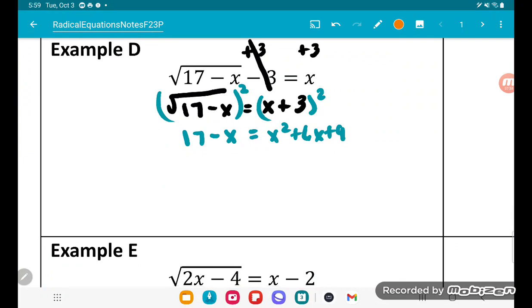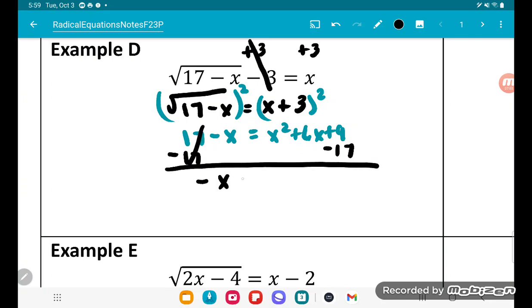From here, I'm going to set the quadratic equation equal to 0, which means I have to move everything to the right. So let's start with the 17. Let's subtract 17 from both sides. I'm left with negative x equals x squared plus 6x minus 8.